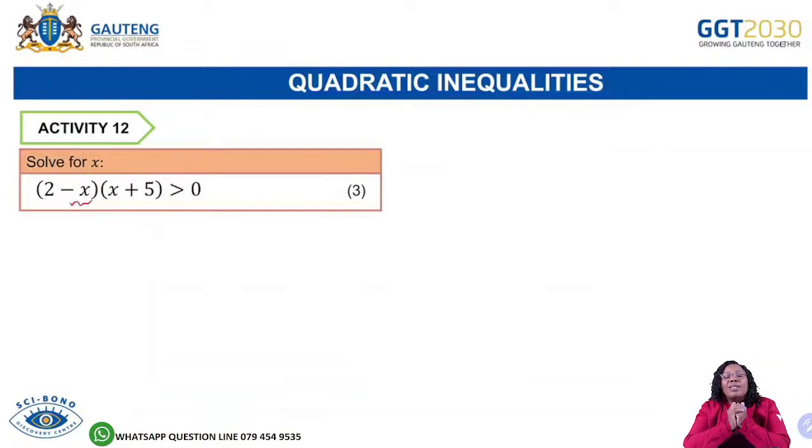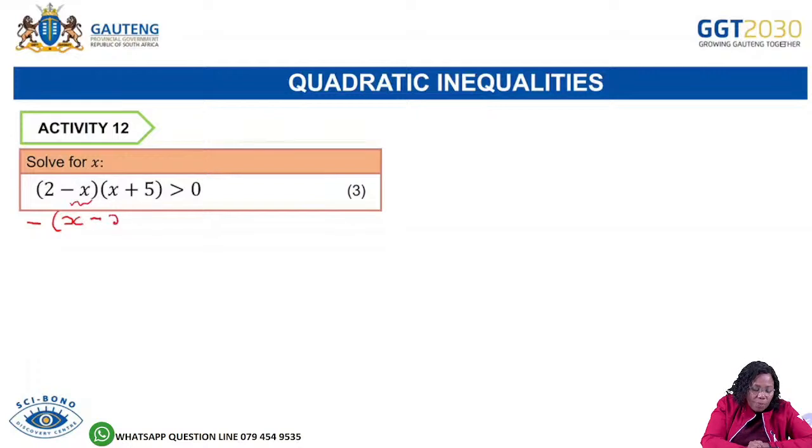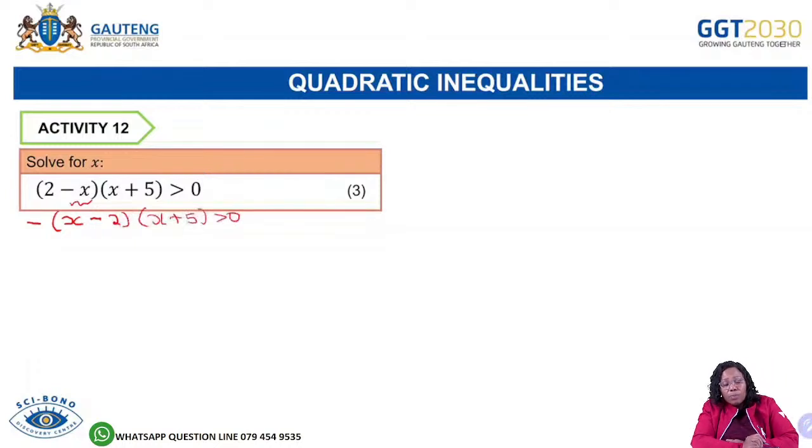You need to get rid of that negative because it's going to affect your inequality sign. So if you take out the negative from this bracket, you'll be left with x that is positive and the 2 will now be negative. The second bracket is not affected, because we wanted to change that minus x to a positive x. Now we have a negative in our expression on the left hand side.